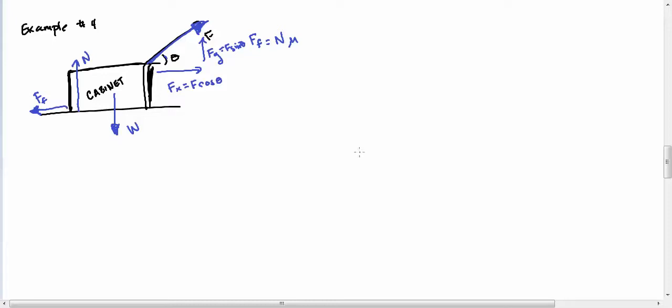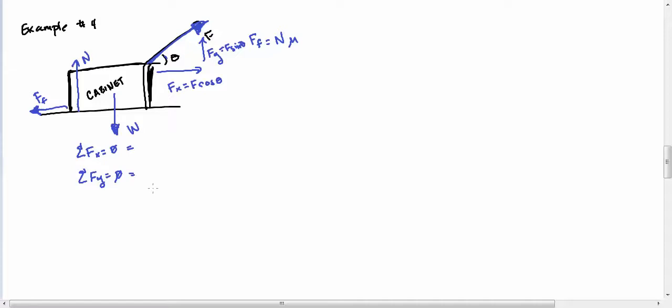Cool. All right. Now, what I'm going to do is add up all the forces in the x direction, and add up all the forces in the y direction. And usually what I do here is I set them equal to 0. And then I use one equation to help me solve for the other equation.